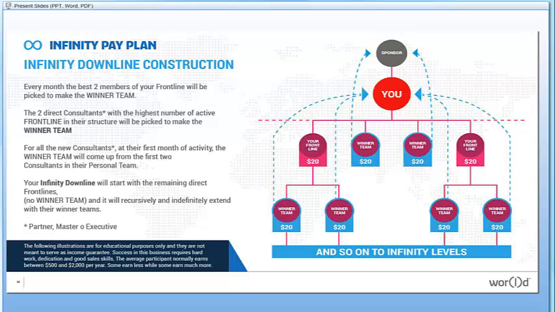Following month, 2 different people. And how do they choose the people? They are choosing the people with the verbiage right here: 2 direct consultants with the highest number of active frontline in their structure will make the winner team. So you and I have no choice. The company is going to take those 2 people and put them as the winner team for that month.